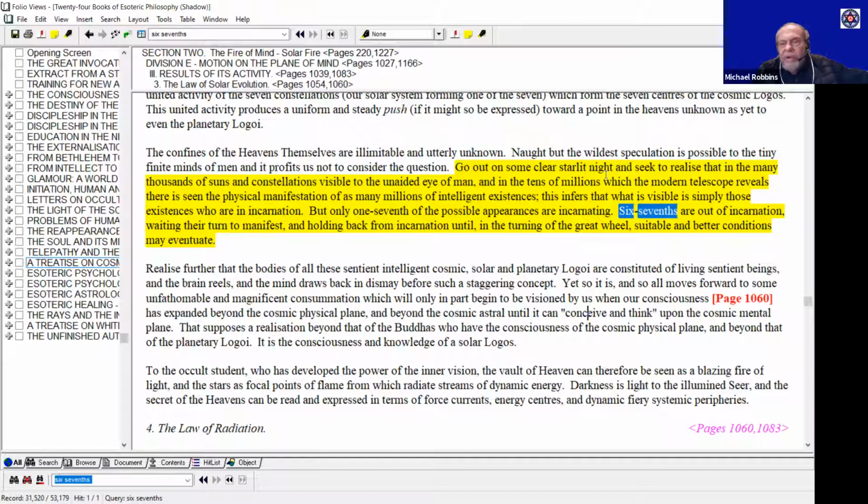So the question here is, when he's talking about a feminine universe, a feminine solar system, he seems to be applying the figure 60 billion to the entire solar system, but when we look more closely at the numbers, that application seems to be applied to our planetary scheme within that solar system.